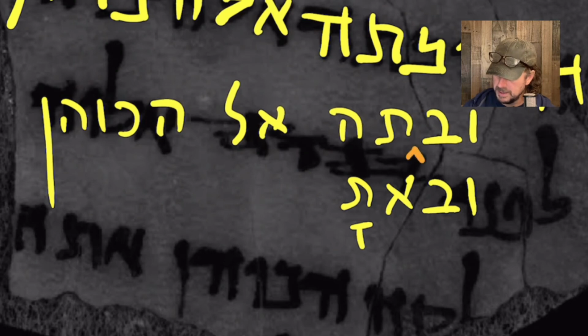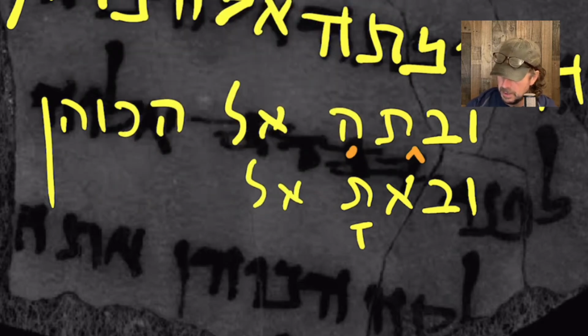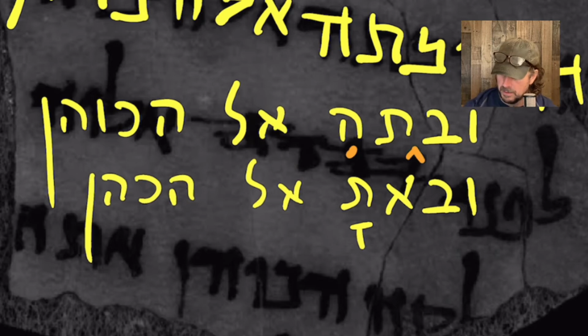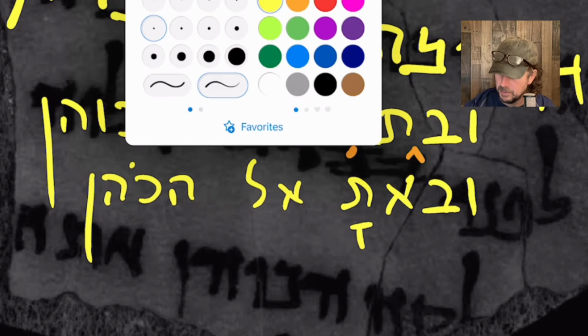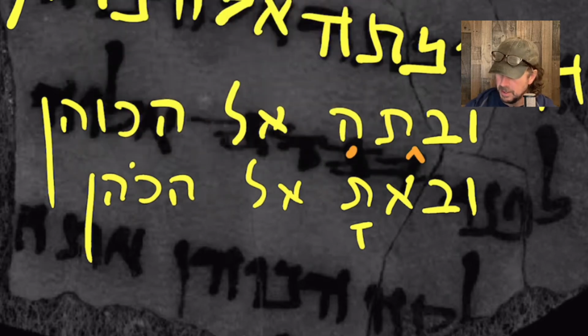There's an aleph missing in the Qumran text, and there's an added hey in the Qumran text. El is fine too, but the Kohen in the Masoretic text is just spelled like this. There's no vav. It's a holem instead. So again, we're seeing a consistent pattern here. We're seeing an added vav, an added hey again.